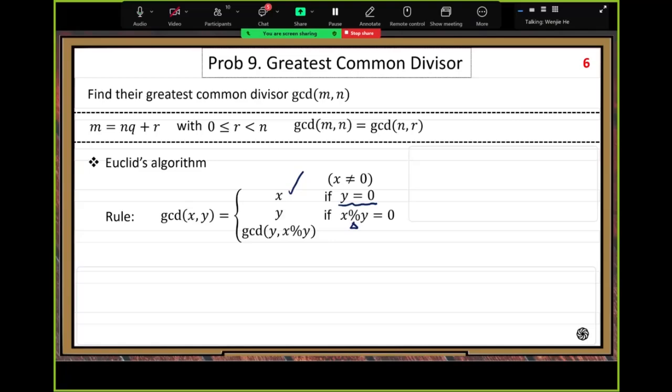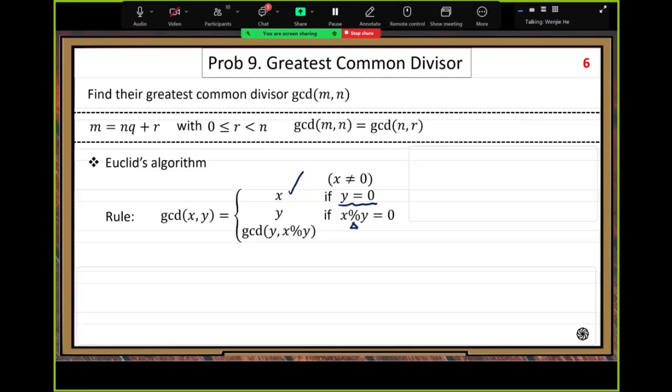Then the third case, you do size reduction. You make the second parameter y the first parameter, and then you take the remainder, x mod y, that's the remainder of the division of x by y, as the second parameter, the size reduction.